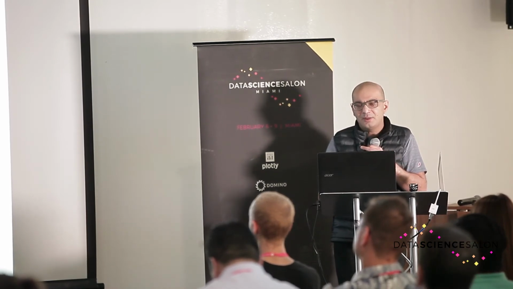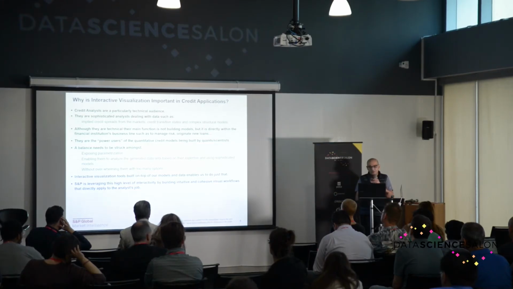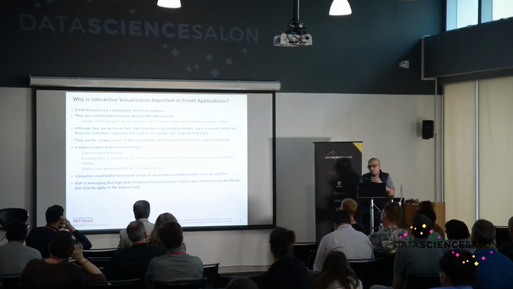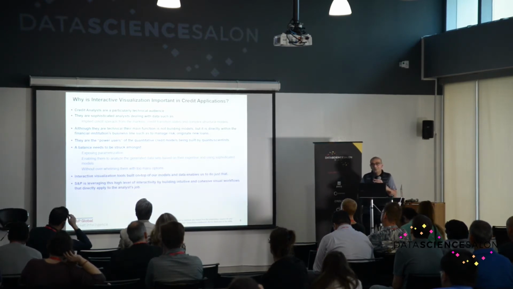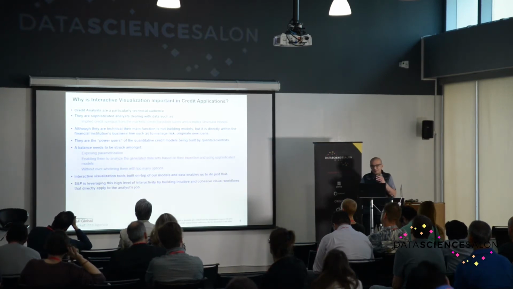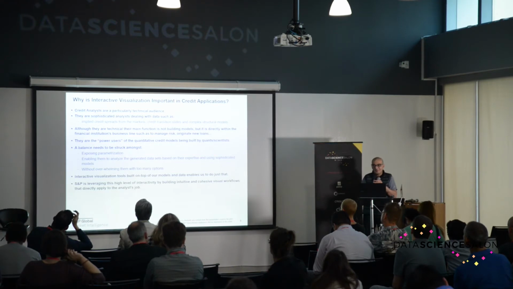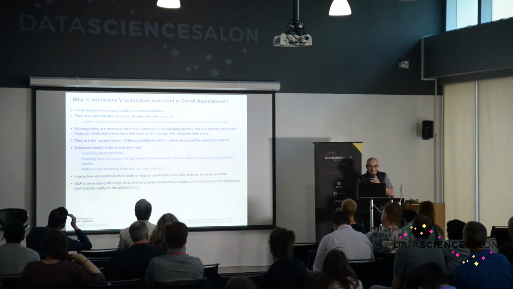And so there really needs to be a balance between what parameters you expose, how you analyze the generated data sets, and what options they have. Because at the end of the day, you want it to be intuitive without it ending up being overbearing, right? And I'm sure some of the financial engineers are familiar with some of the systems that can be overbearing.